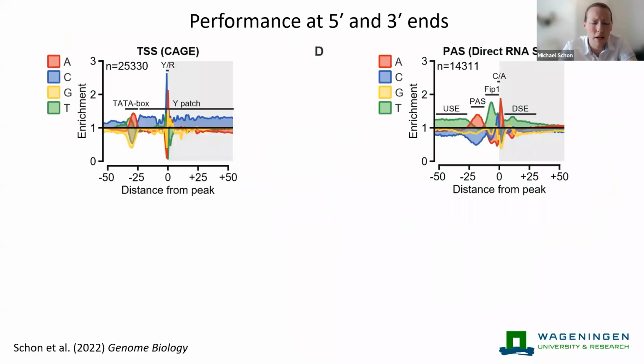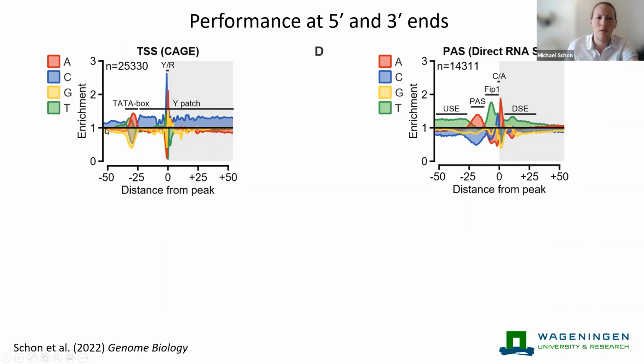Now, I mentioned that we have other ways to validate these annotations and assess whether or not they're good. I wanted to zoom in on the 5' and 3' ends and understand how accurate they were on a nucleotide level. And so here we have CAGE data sets that capture just transcription start sites.